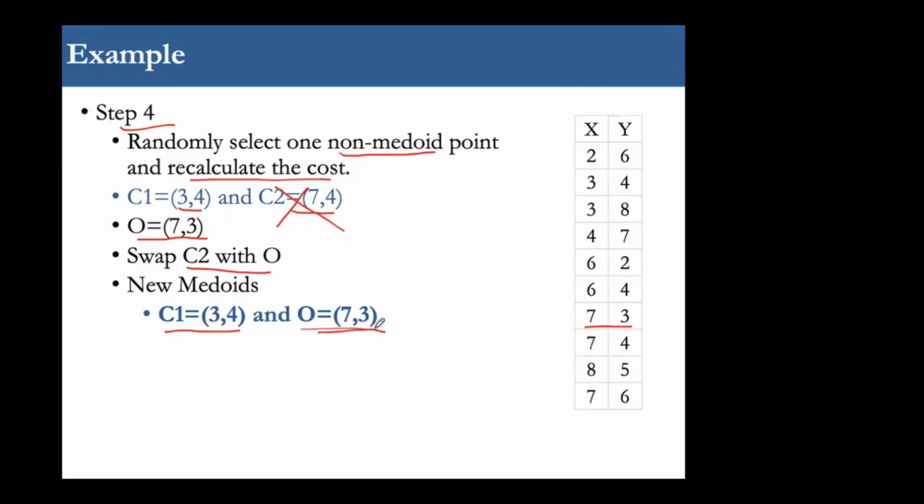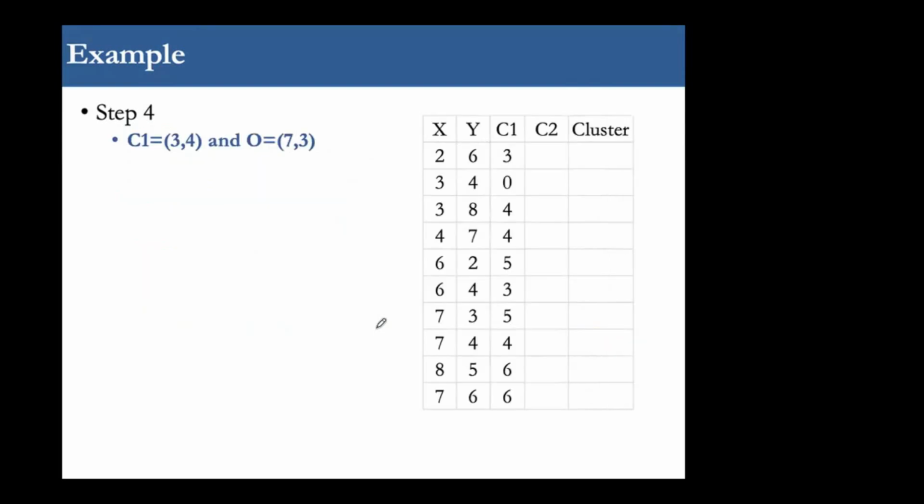So for this 7, 3, we need to recalculate the distance measure and then find the total cost. Cluster 1 remains as such, 3, 4.